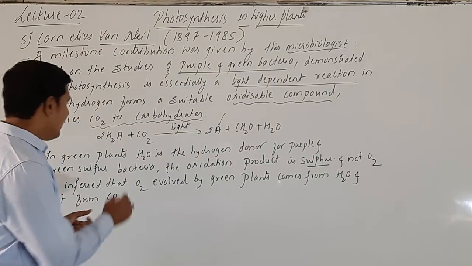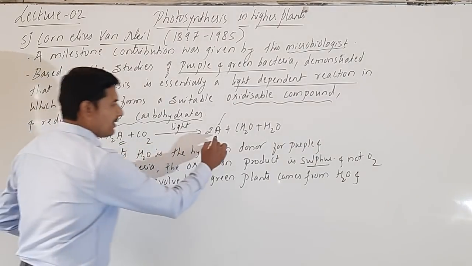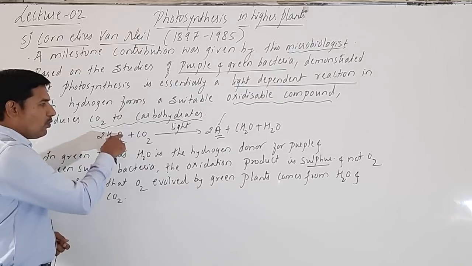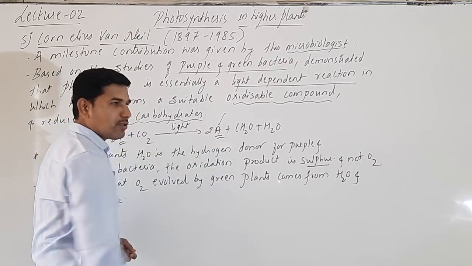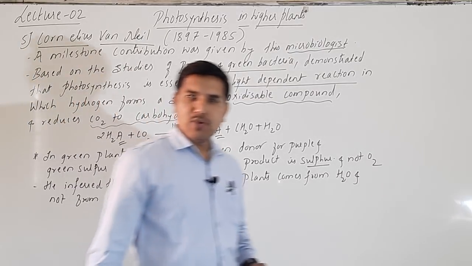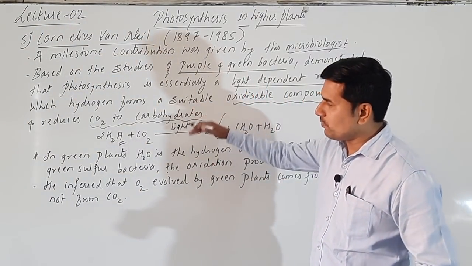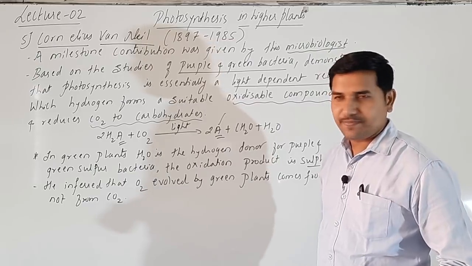So, here A refers to oxygen only. So, 2H2A means if it is H2O, so here 2 molecules of oxygen is released. Okay, so O2 is released during the process of photosynthesis. That was the equation which was stated by this person.